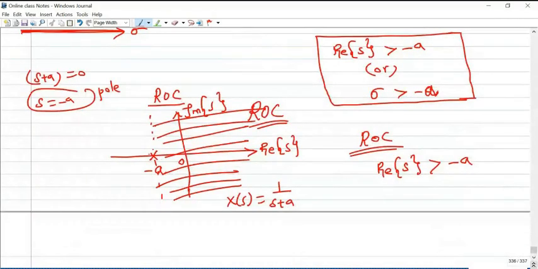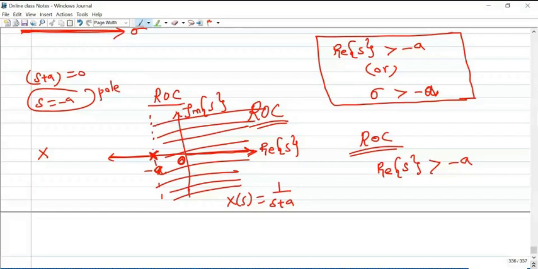How to indicate a pole? Using this symbol. Minus a. This is the origin. So this is the right half plane, positive values. On the left side, we have to indicate negative values: 0, minus 1, minus 2. In this example, minus a. We don't know what the value of a is, but it is a negative value only.